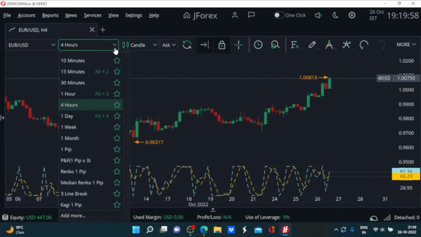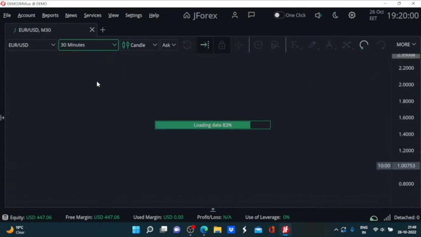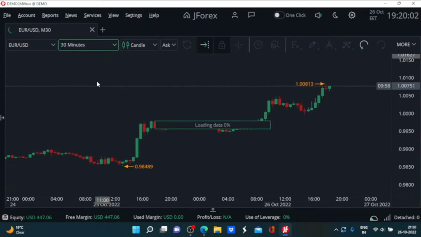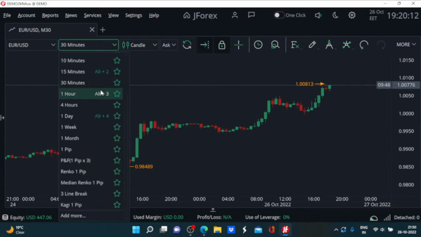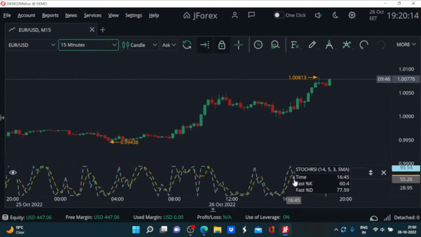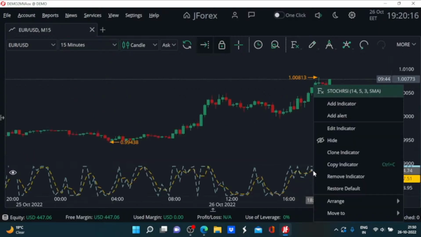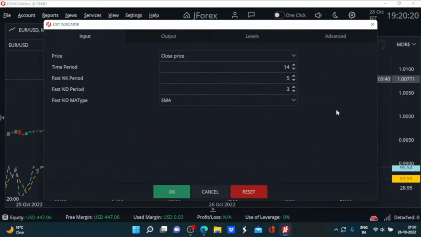But if I change to say half an hourly or any other candle period, then there won't be any plotting of the stochastic RSI, because we have chosen this option. Okay, now if I want it back, then I have to again change the chart to 15 minutes and then change its setting and restore it back to show the indicator on all the candle periods.